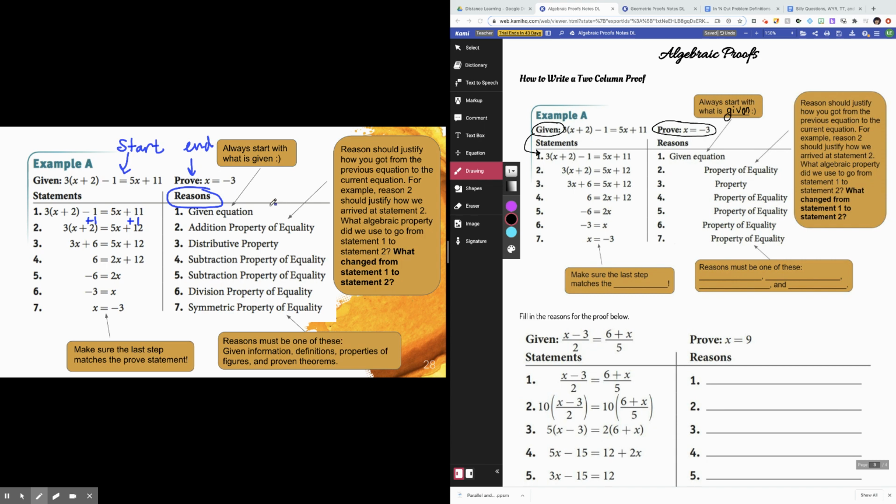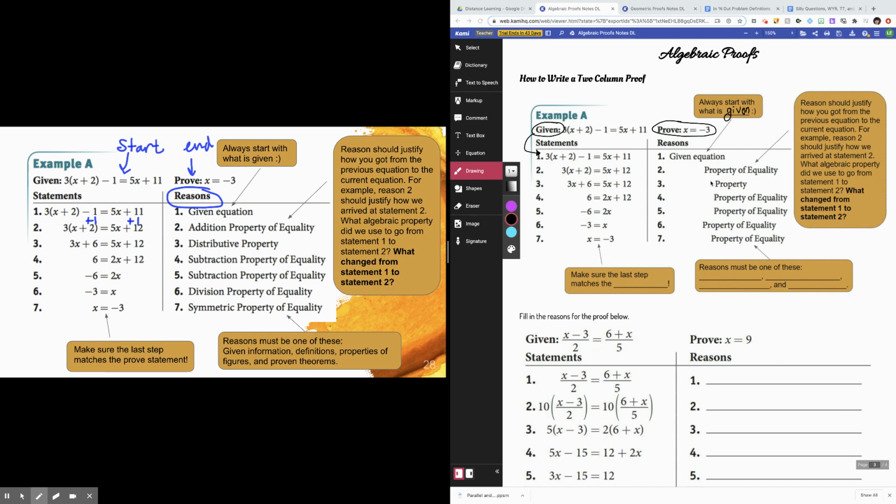Essentially, they're giving you the beginning of the map and the end of the map, and you have to find the path that goes from start to end. That's your job when you're writing a proof, right? You have to figure out and fill in the middle part. The reasons are always a little bit difficult for people to grasp.